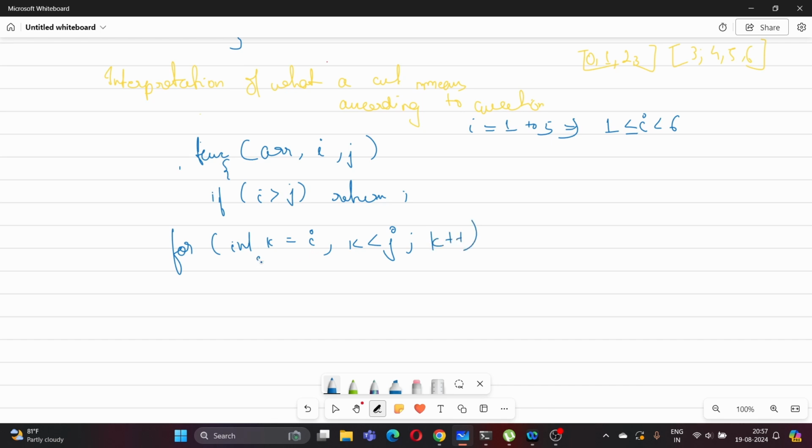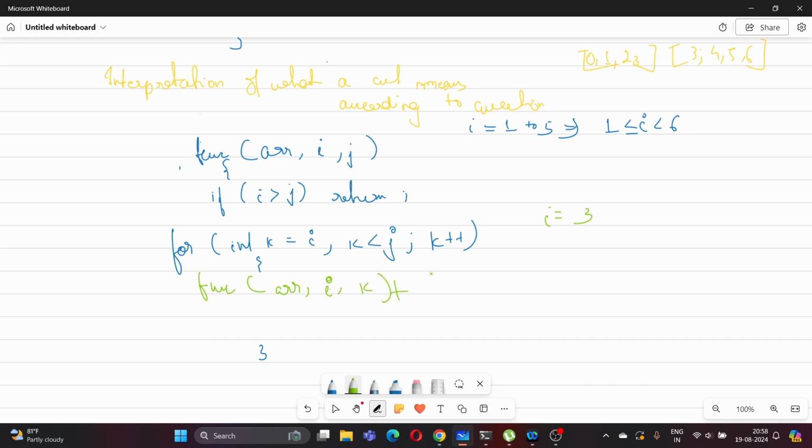And now comes the most significant part of the recursive code. We'll split it into function array. Let's say we are doing it at I equal to 3. I'll write array, I, k, right?